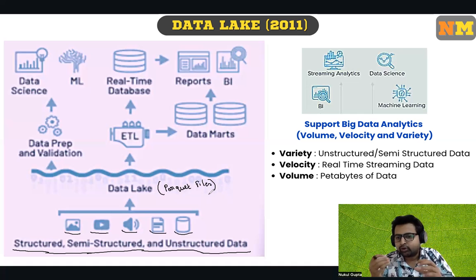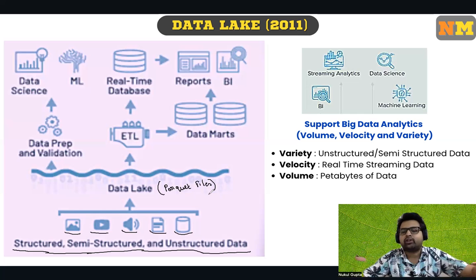The beauty of the Parquet file is that any kind of data, whether structured, unstructured, or semi-structured, you can convert it into Parquet format. And a data lake contains lots of Parquet files. Also, there is no limitation to size. Petabytes of data you can also store in the form of Parquet files.